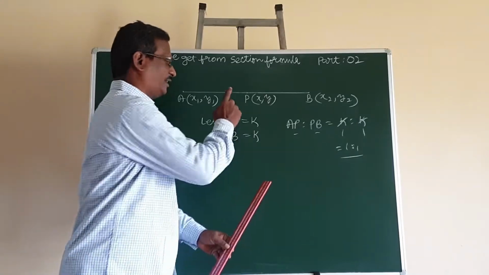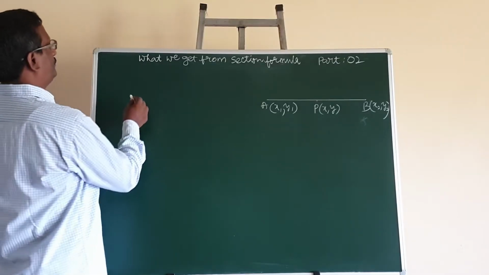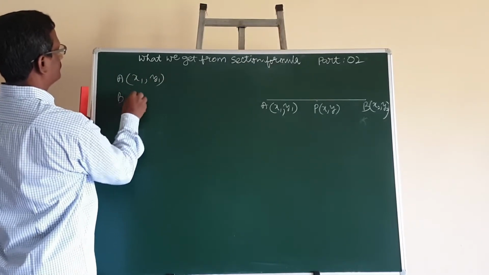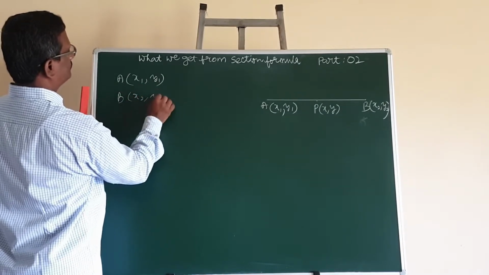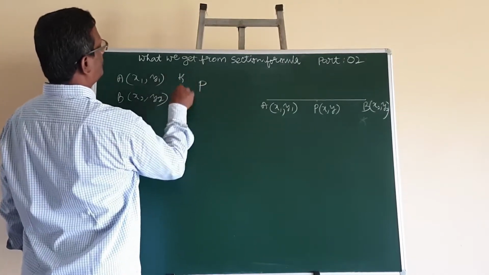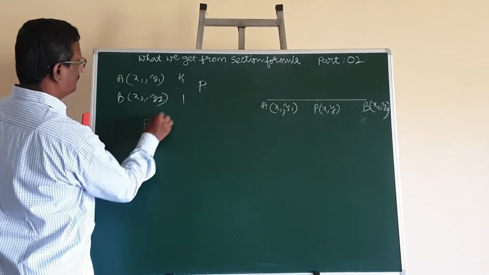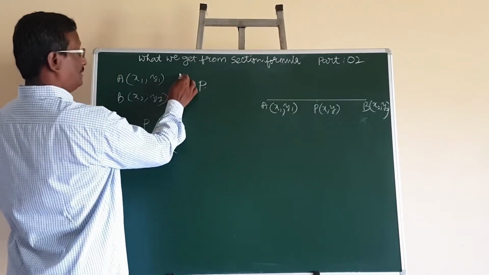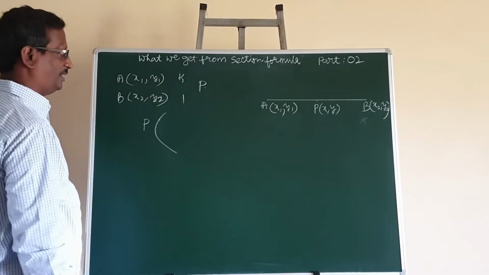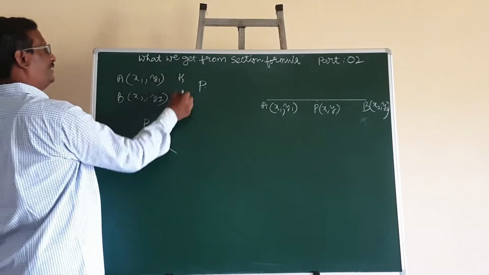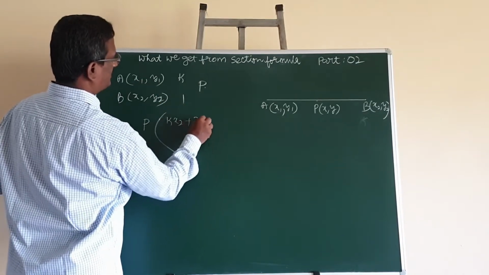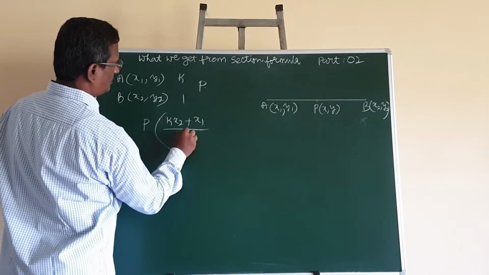Now let us use the section formula which we have learned in the previous video. A (x1, y1), B (x2, y2) is divided by a point P in the ratio k is to 1. Then the x coordinate of point P, if the ratio is m1 is to m2, is m1 x2 plus m2 x1; if the ratio is k is to 1, it is k x2 plus 1 x1, that is k x2 plus x1, by the sum of the terms of the ratio, k plus 1.